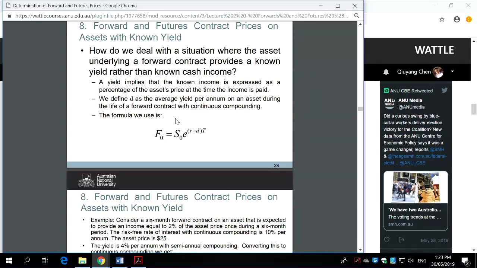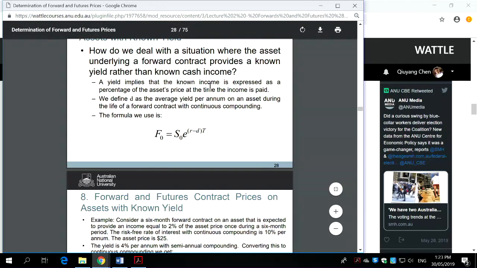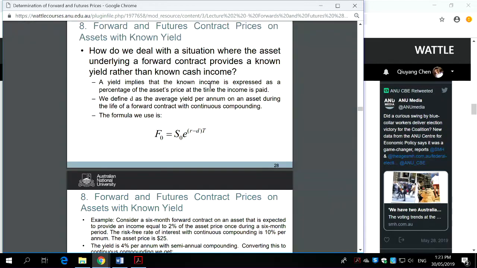Now, similarly, if the underlying asset is, for example, crude oil, right? If you borrow some money today and buy the crude oil today, not only can you not get a dividend yield, but you also need to pay a storage cost to the warehouse to keep your crude oil.